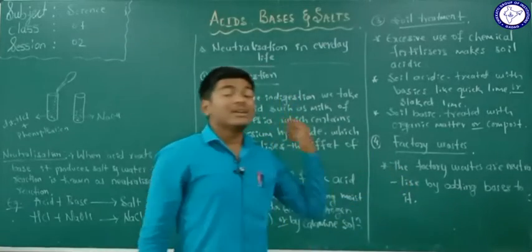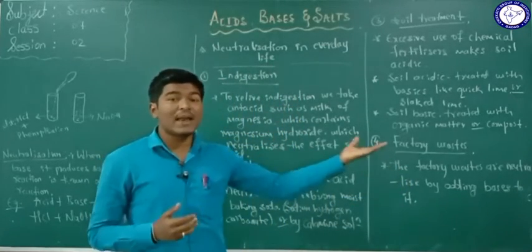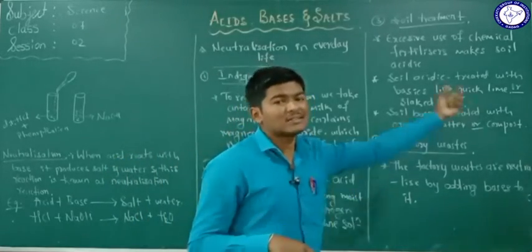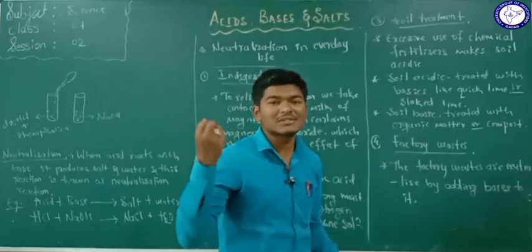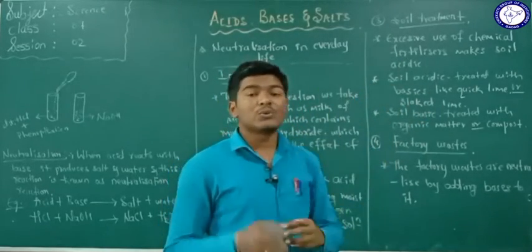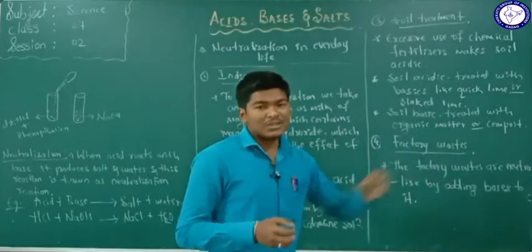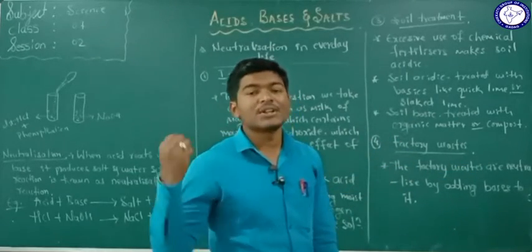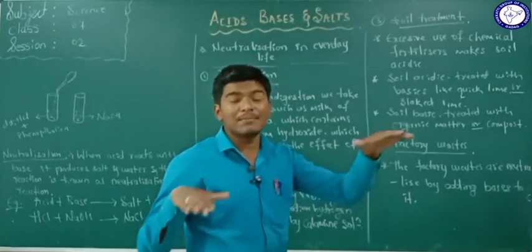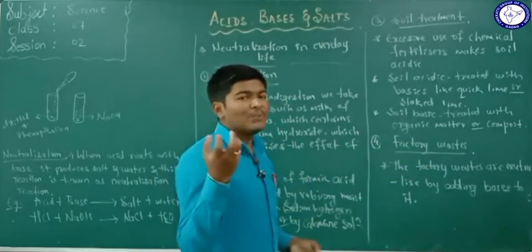And also, if the soil is more basic, what happens? If the soil is more acidic, we are going to use some basic solutions. But if the soil is more basic, to neutralize that soil, if we add any acids, no, it is not possible. But how are we going to neutralize that basic soil?